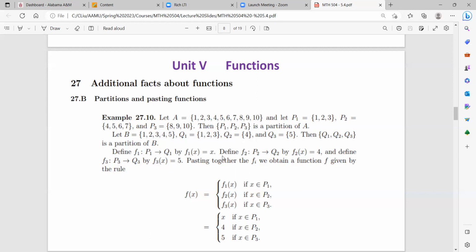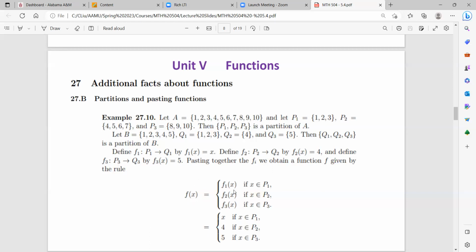So f2 and f3 are constant functions. Then you put them together, pasting together those f sub i's, and we get the function f as a whole by this rule.